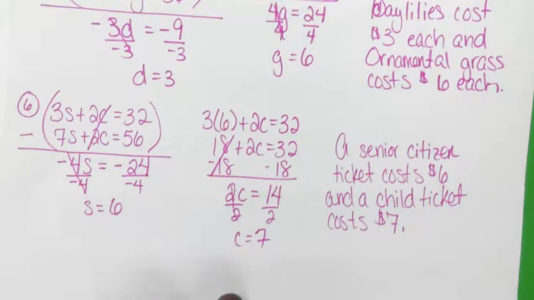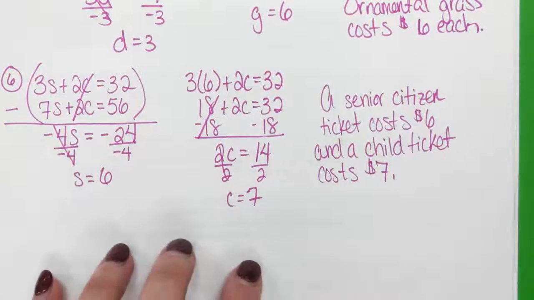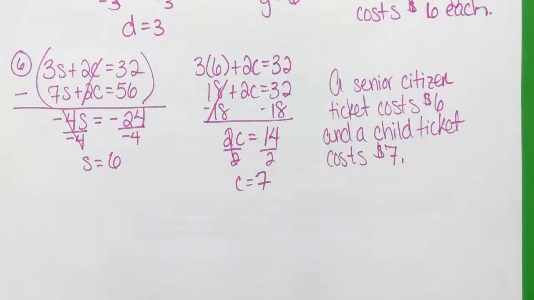Alright, y'all check your work on 7. Or not 7, number 6, sorry. Check your work on 6. Kitty, what you got, baby? Okay, what you got?